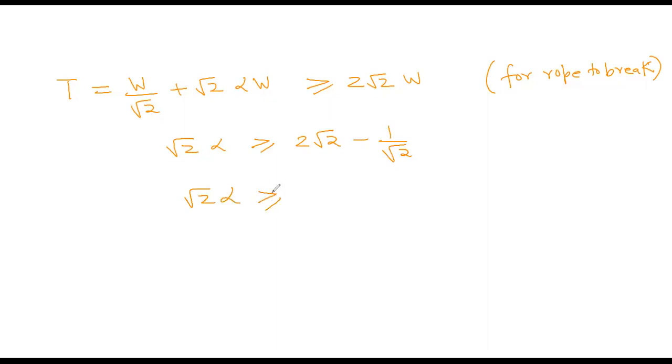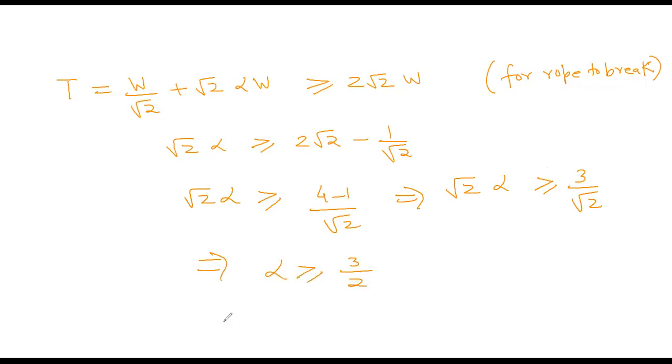Root 2 alpha is greater than or equal to 4 minus 1 by root 2. This implies root 2 alpha is greater than or equal to 3 by root 2. This implies alpha is greater than or equal to 3 by 2. This implies alpha is greater than or equal to 1.5.